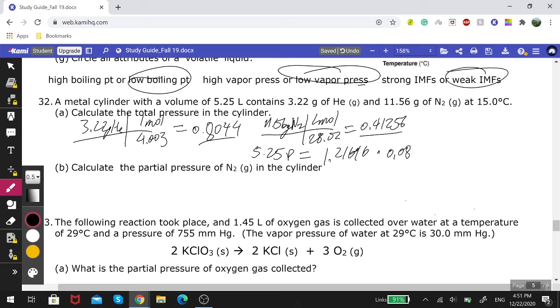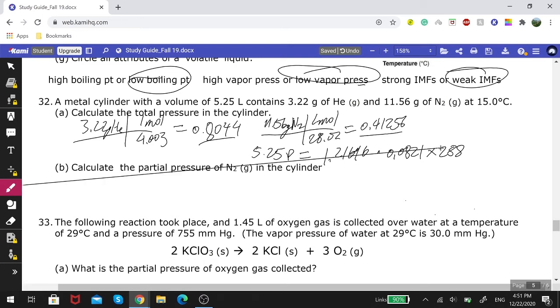So 0.0821 is the gas constant for atmospheres, and we multiply by the temperature, which is 15 plus 273, which is 288 Kelvin. 1.21696 times 288 times 0.0821 gives us 28.774. 5.25 P is equal to 28.774, divided by 5.25, and that gives us an answer of pressure equal to 5.48 atmospheres.